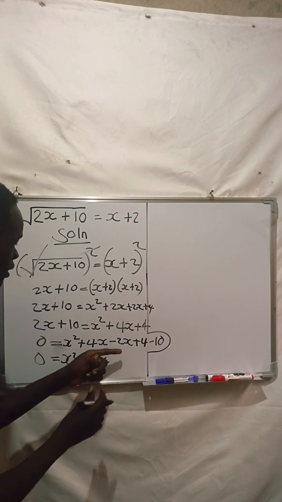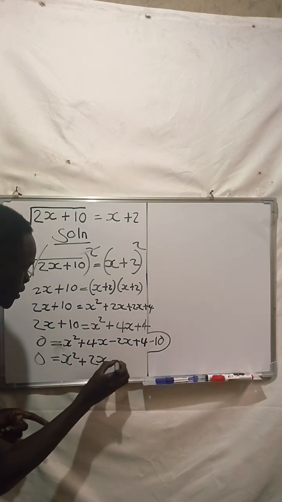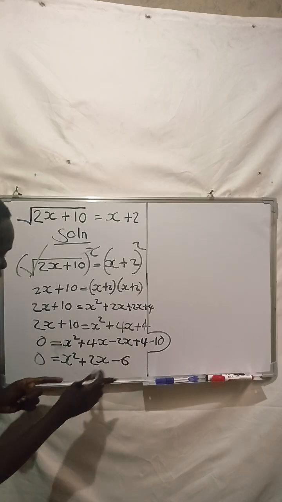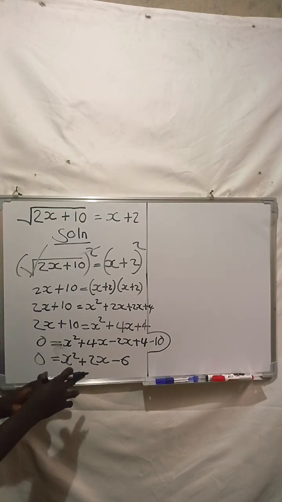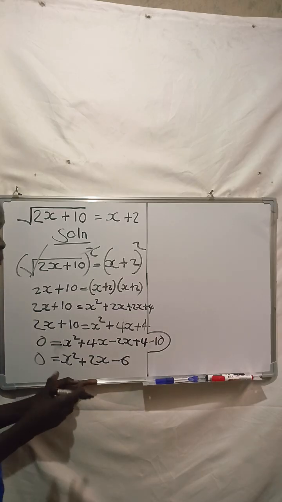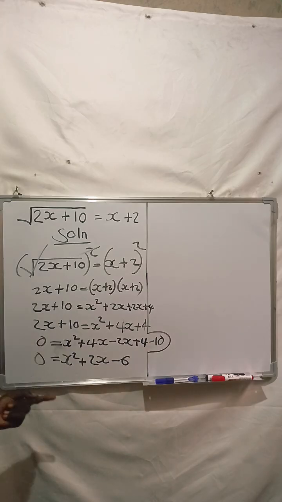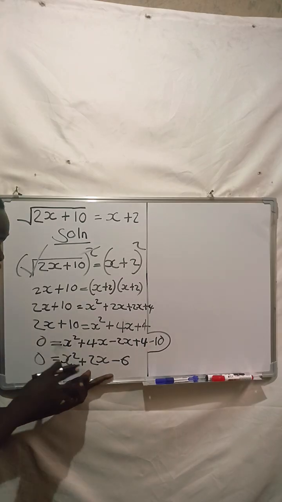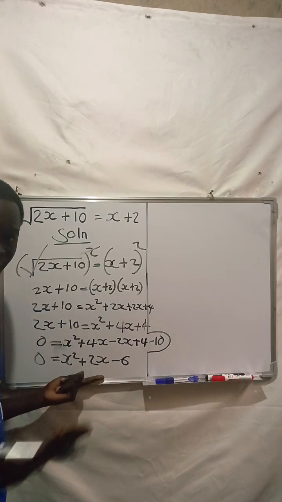But 4 minus 10 is going to be minus 6. Ladies and gentlemen, I think now it is a quadratic equation. We can solve it by using one of the quadratic methods: either the quadratic formula, or the completing the square method, or the factorization method.